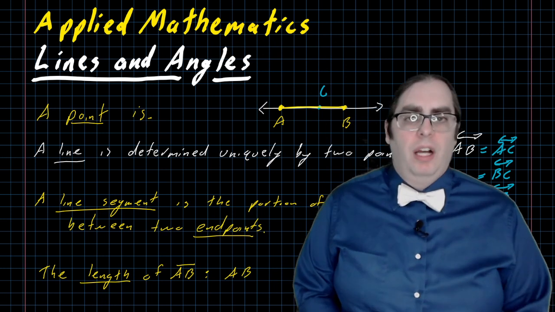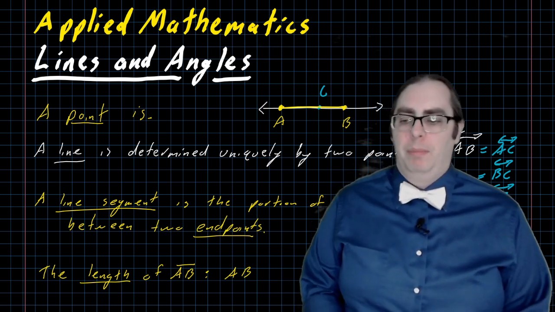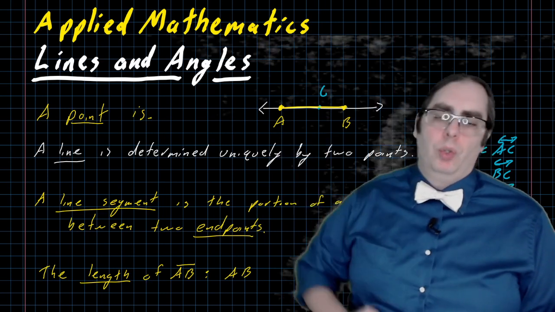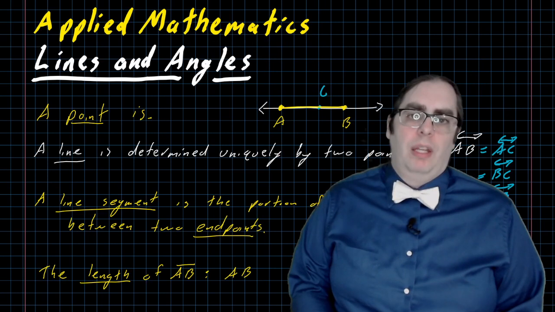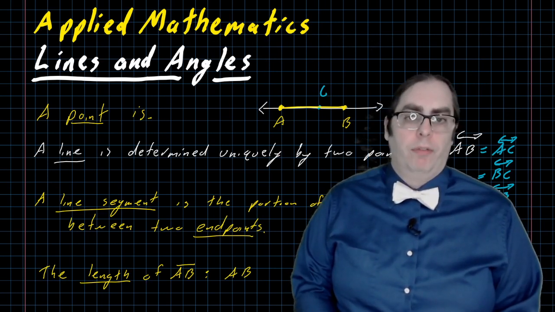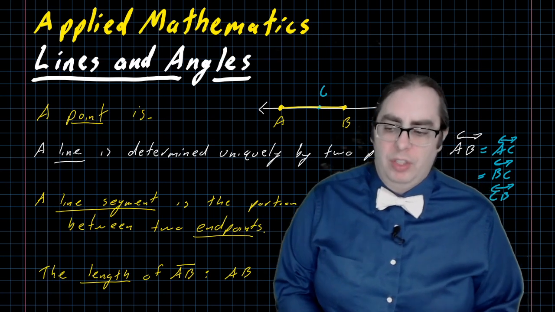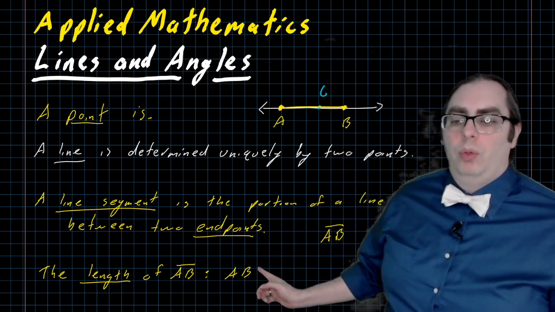The length of line segment AB is the distance between point A and point B, measured in your units of choice. One of the places that things can get really confusing for students first studying some of these ideas in geometry is the fact that I used 2 letters here.